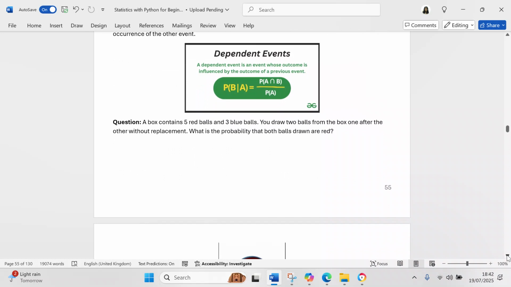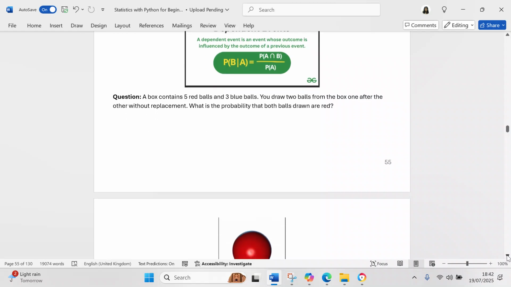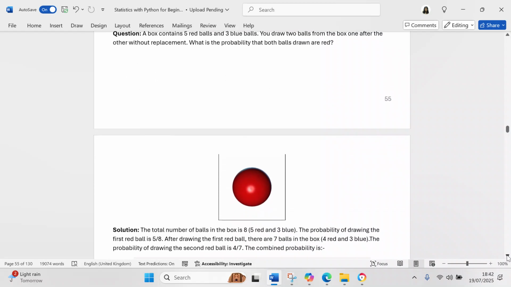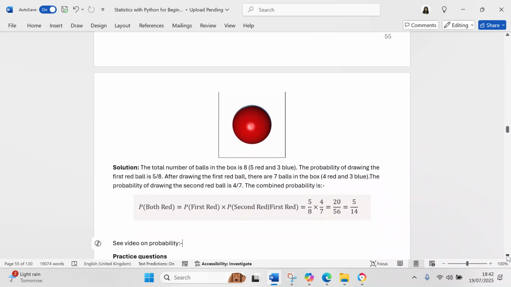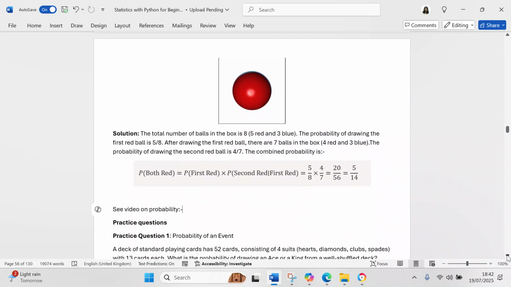And then we've got a question. If a box contains 5 red balls and 3 blue balls, you draw 2 balls from the box, one after the other, without replacement. What is the probability that both balls drawn are red? So the solution is: the total number of balls in the box is 8, 5 red and 3 blue.